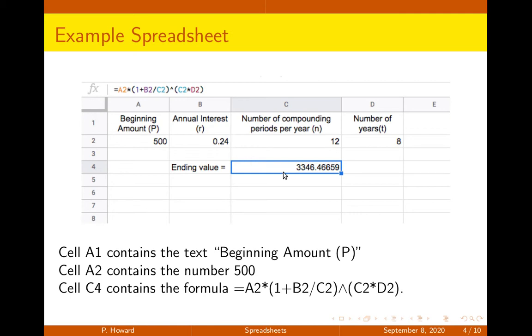And the result of the calculation is what actually appears in the cell itself. One thing to notice here, that when you enter a formula in a spreadsheet, it has to begin with an equal sign. That's how the spreadsheet knows that it's a formula.